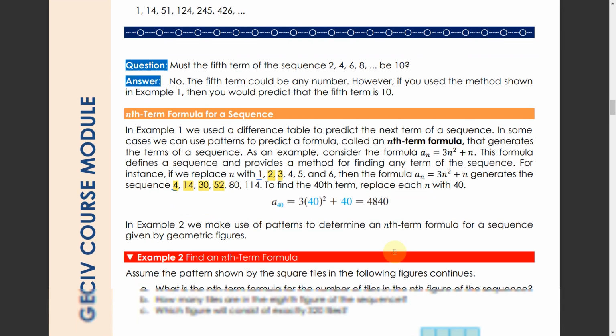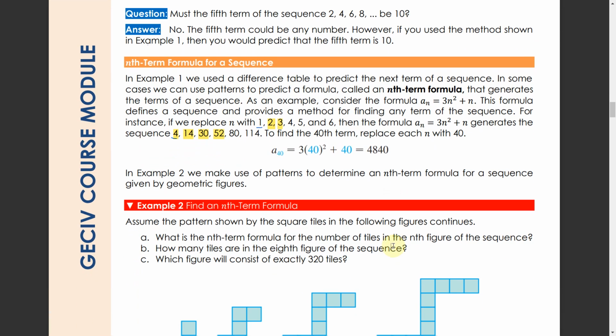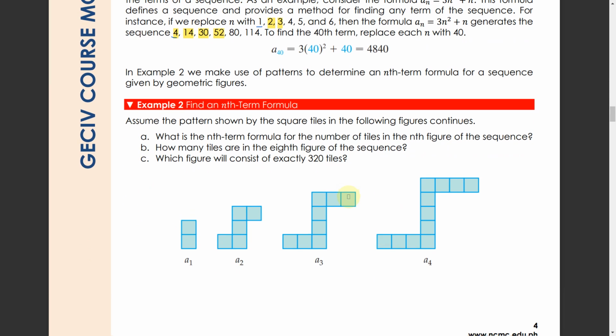Okay? So in example 2, we make use of patterns to determine the nth term formula of a sequence given by geometric figures. Here we are given geometric figures, which are squares, and the squares form a pattern.